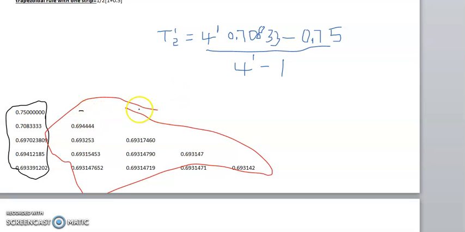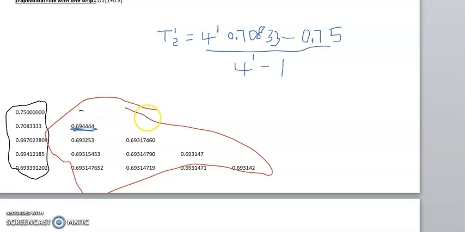Now this first one here is T12, T superscript 1 subscript 2. When you apply that formula here, you'll get this answer, 0.69444.